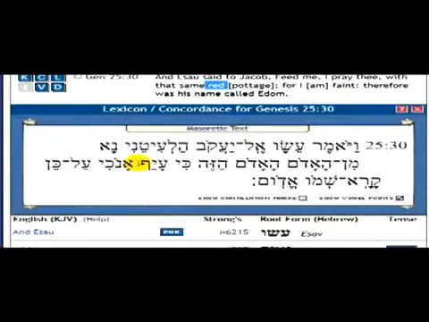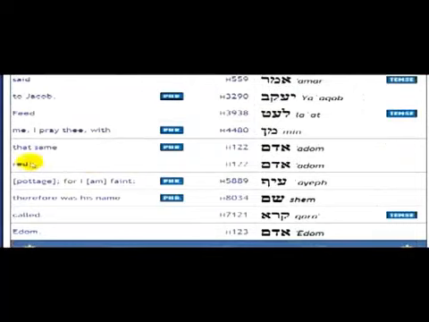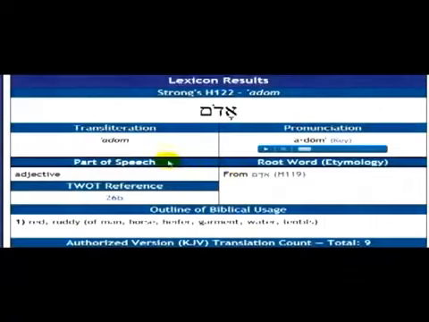Now let's go to the Hebrew. And he says, "Feed me, I pray thee, with that same red pottage." Therefore was his name called Edom. Now here, when you see the word red, you have the number 122. And the number 122 here says Adam: red, ruddy, of man, horse, heifer, garment, water, lentils.